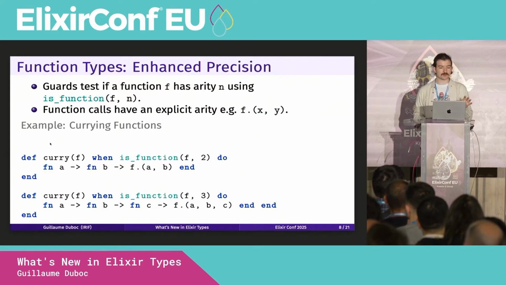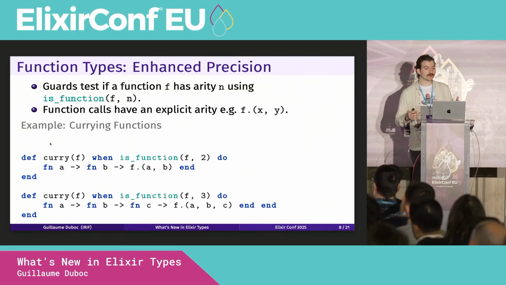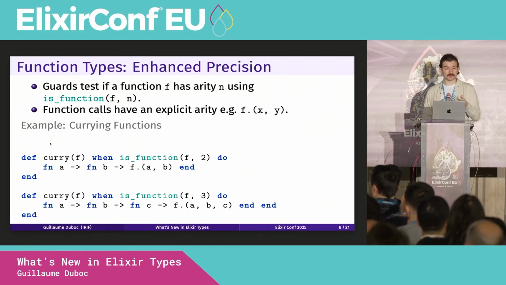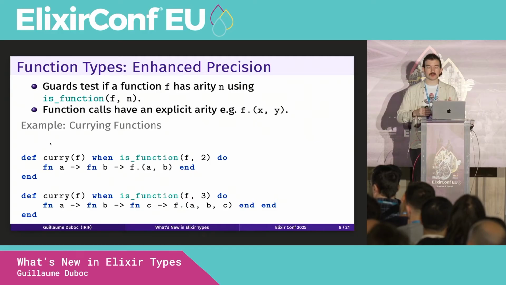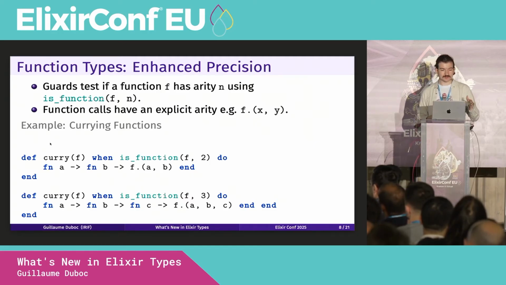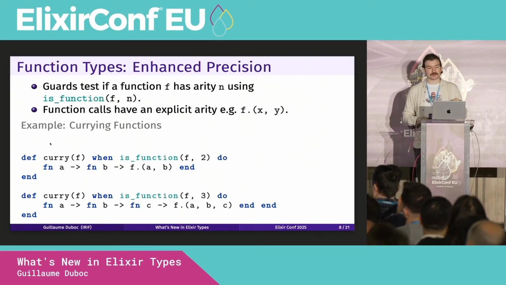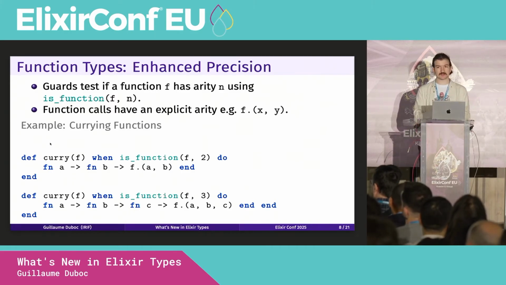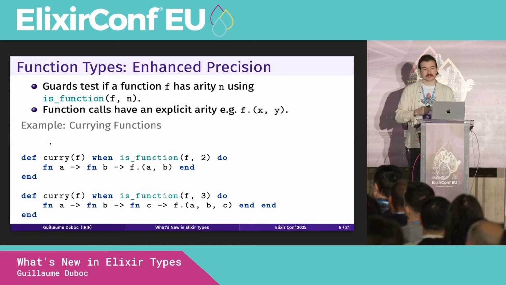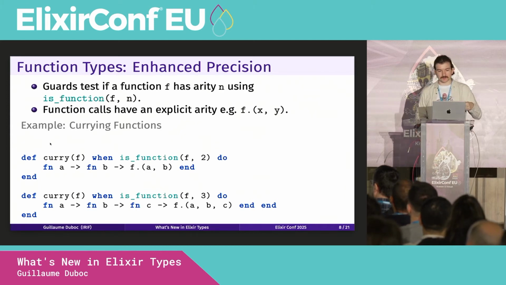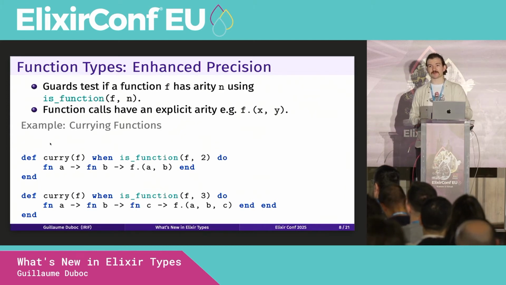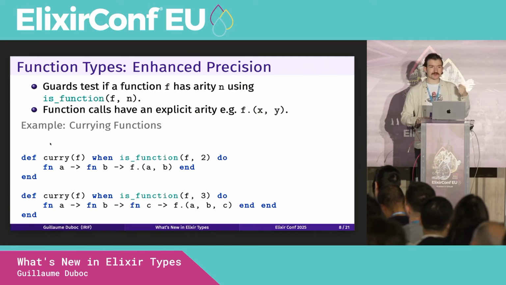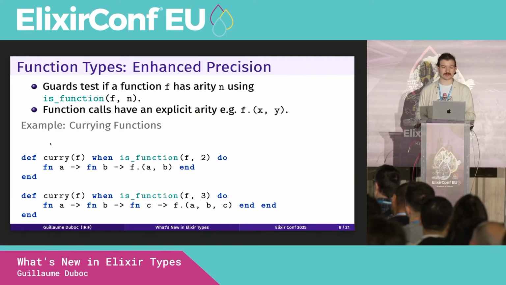That means that you can now type this sort of code. So curry is a function that receives a function. It has to be of arity 2, and it transforms it into a function that receives an argument and returns a function that receives an argument that finally applies f.